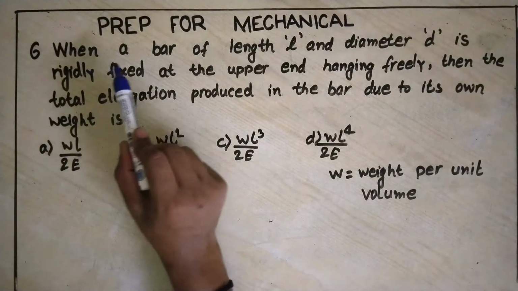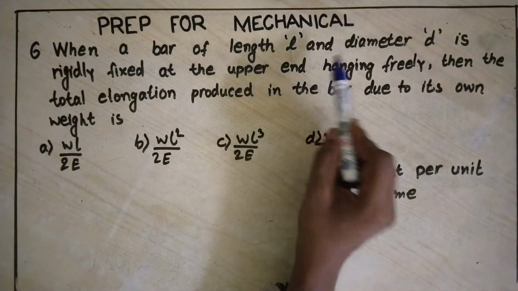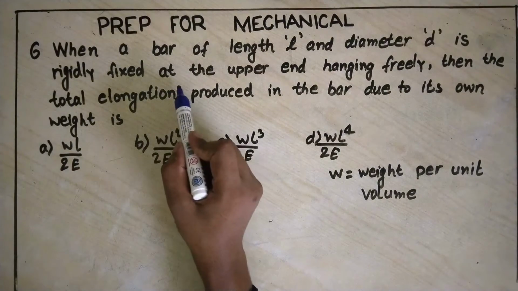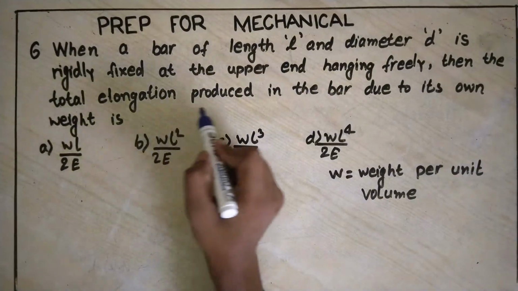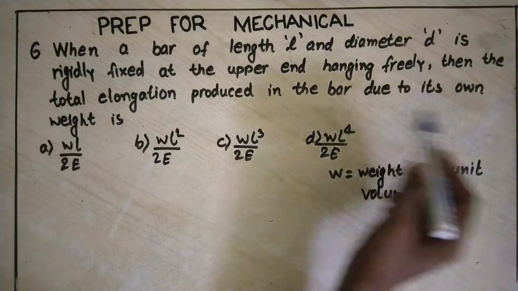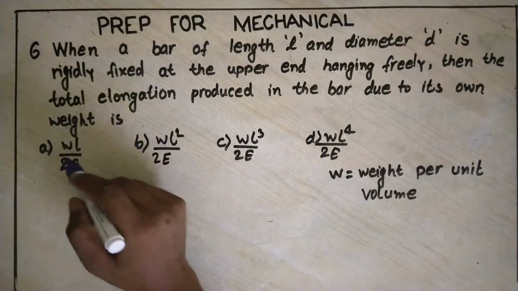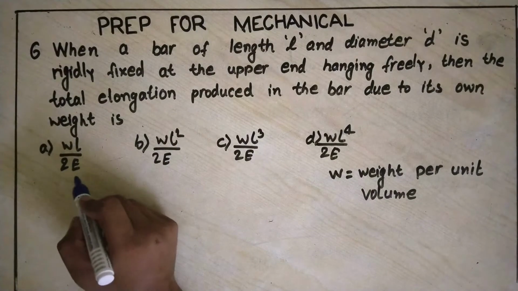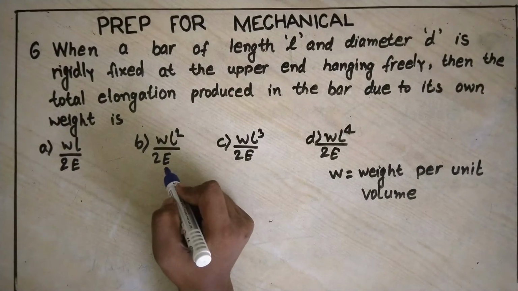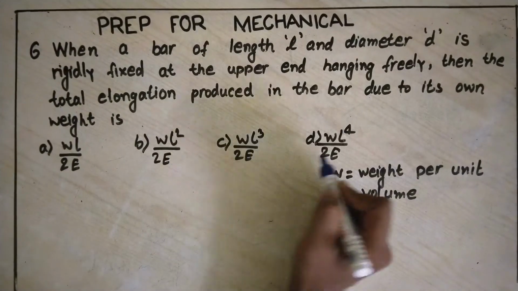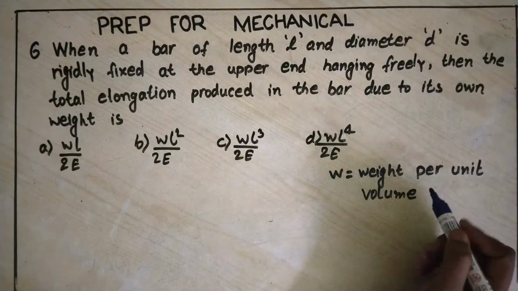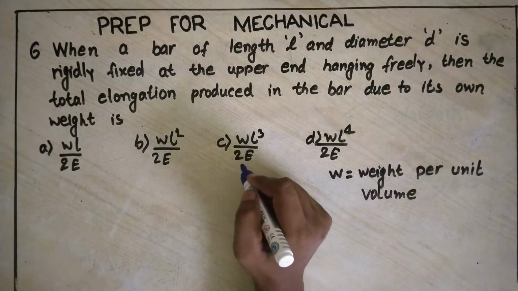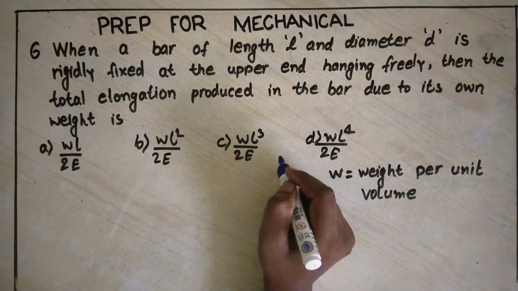Our next question is: when a bar of length L and diameter D is rigidly fixed at the upper end and hanging freely, then the total elongation produced in the bar due to its own weight is. The options are WL by 2E, WL square by 2E, WL cube by 2E, WL to the power 4 by 2E, where W is equal to weight per unit volume and E is equal to Young's modulus.